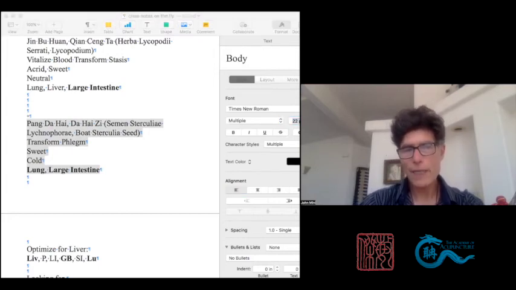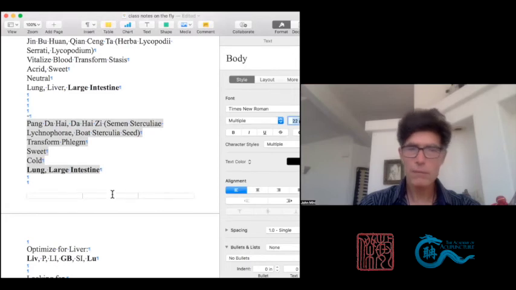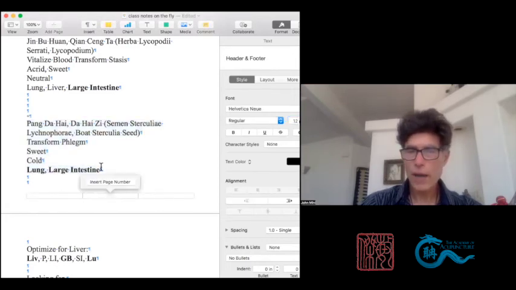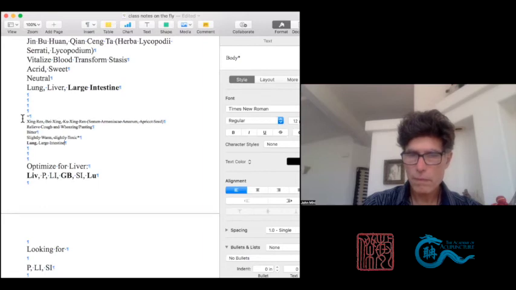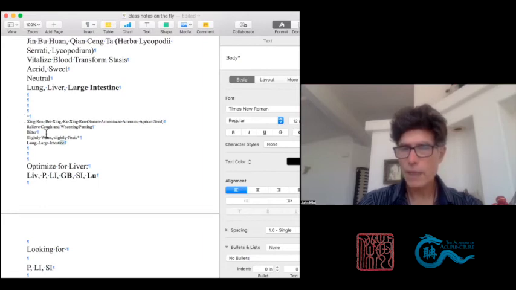What if our ideal patient actually does get external wind heat situation happening? And it results in a dry cough in the sinuses. We could add something like Xingren.